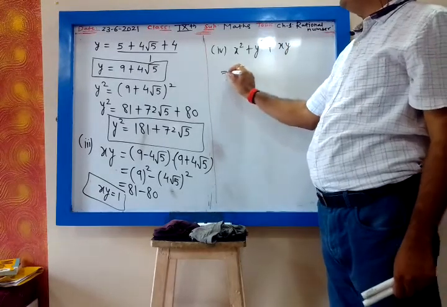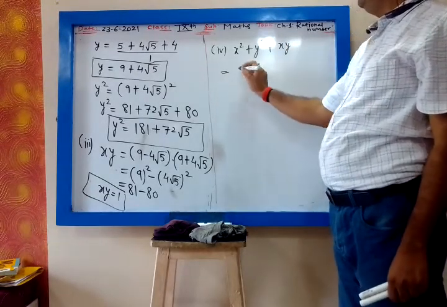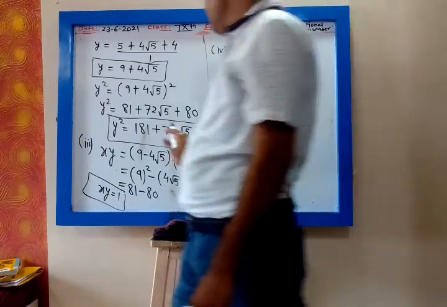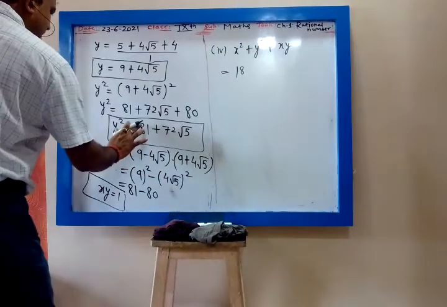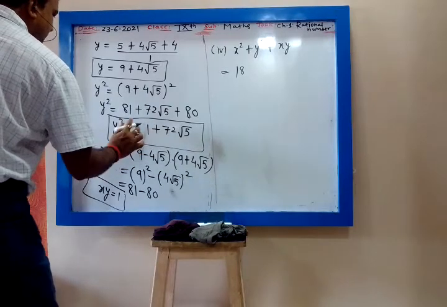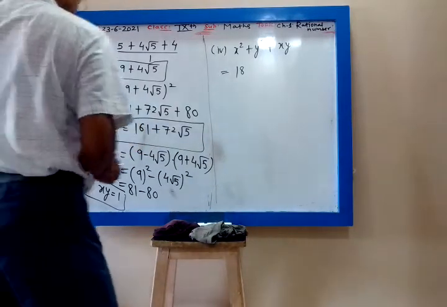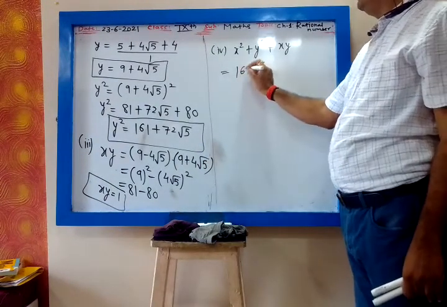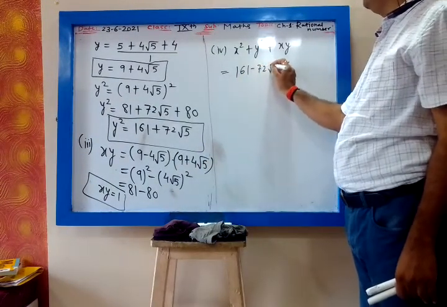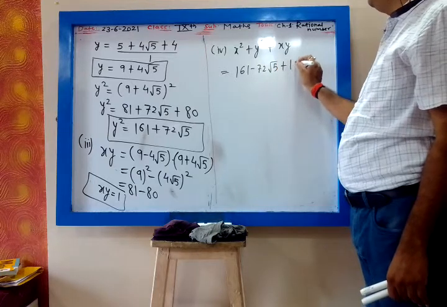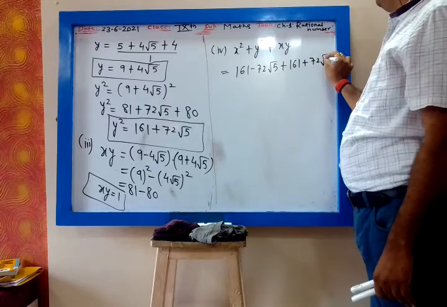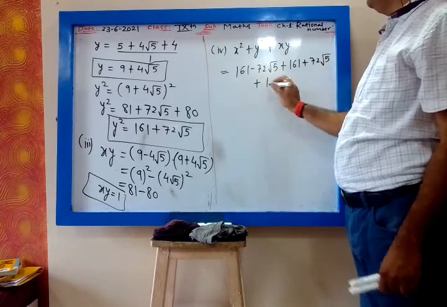We know the value of x square. 161. Okay, 80 plus 81, that is 161. Yes, I have written 181. So 161 minus 72 root 5, plus y square 161 plus 72 root 5, plus xy. Xy is 1.